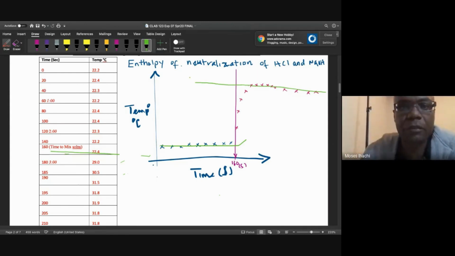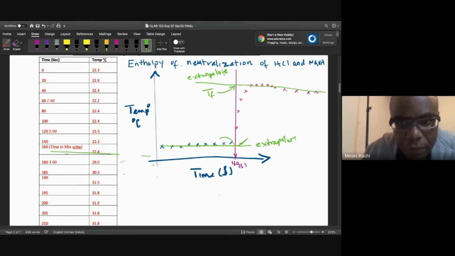So you have to extrapolate it. Extrapolate, which means extend the line. And also extrapolate it here. Don't mind about that. We need a straight line. So where they're crossing, TF.